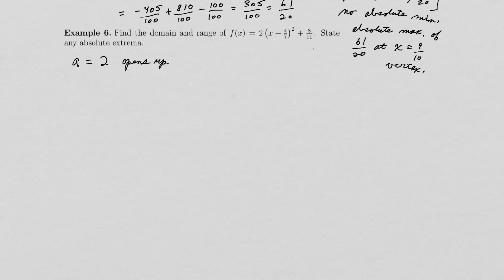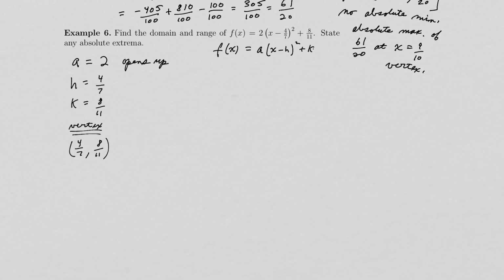I'm just matching, like this has the form f of x equals a times x minus h squared plus k, right? So h, it's already in the form x minus something, right? So h is the 4/7. And then k is the 8/11. Okay, so the vertex has coordinates h, comma k. All right, so that's nice.